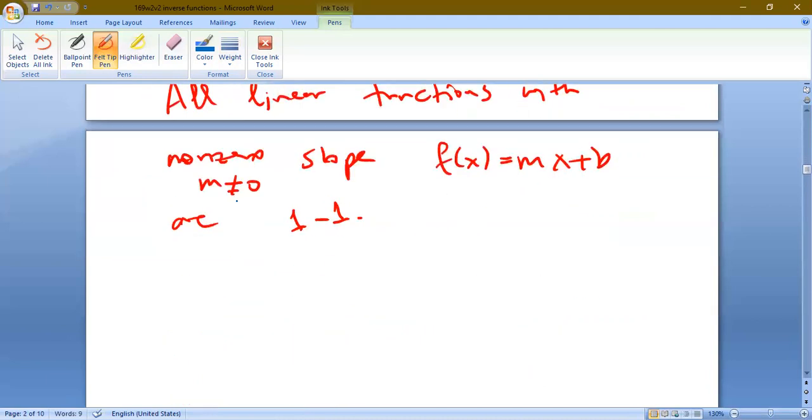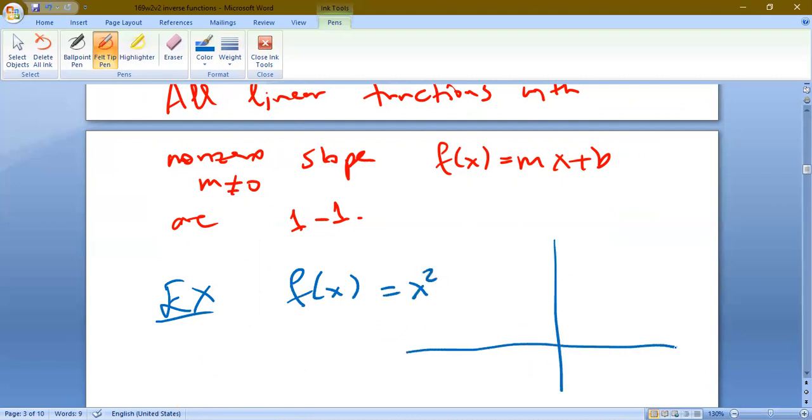Let's say we have another example. Let's say f of x equals x squared, the parabola we know. Now, if you sketch the graph of a parabola, for 0, 0 squared will be 0, so (0, 0) is one of the points on the graph. If you take x equals 1, then 1 squared will be 1, so you have another point here.